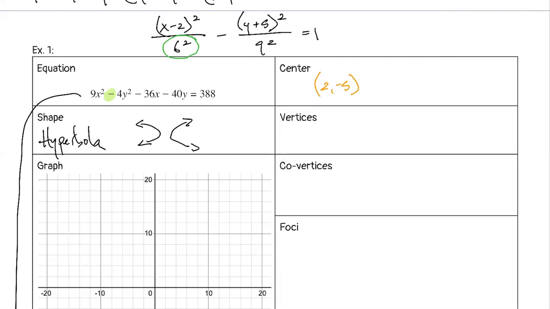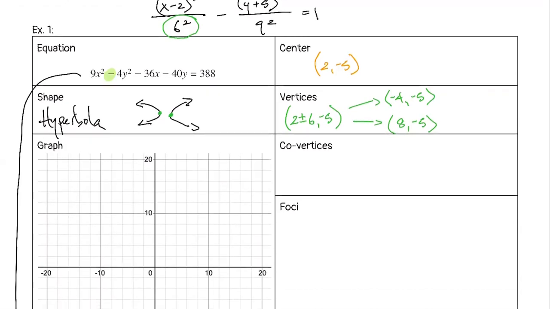So my vertices are going to be 2 plus or minus 6, negative 5, or negative 4, negative 5, and 8, negative 5. It's not the bigger number for hyperbolas. It's in the direction that it opens. So these vertices are going to be here and here.